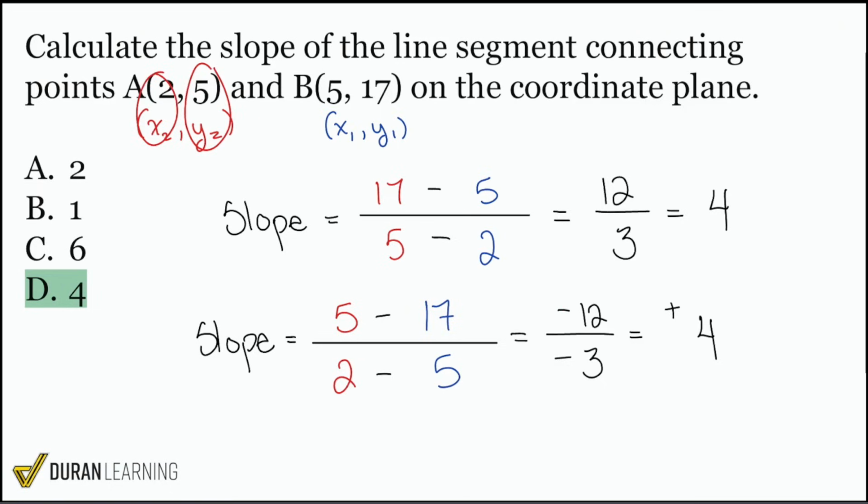And so notice, it does not matter which way you go, because as long as you set it up consistently, one of the coordinates' x and y values first, then the other coordinates' y and x, as long as you do it in that consistent manner, it doesn't matter which one of these you pick as x1, y1, or x2, y2.